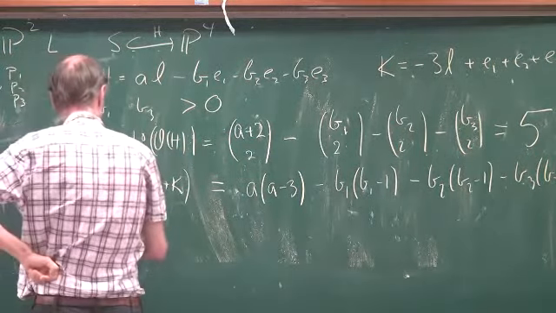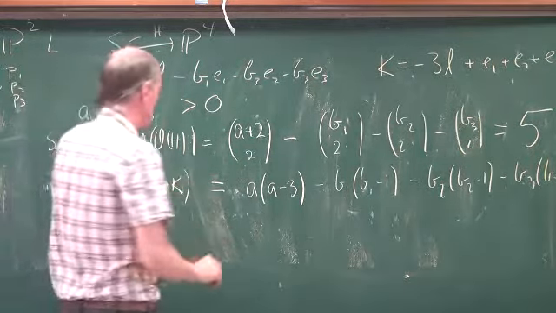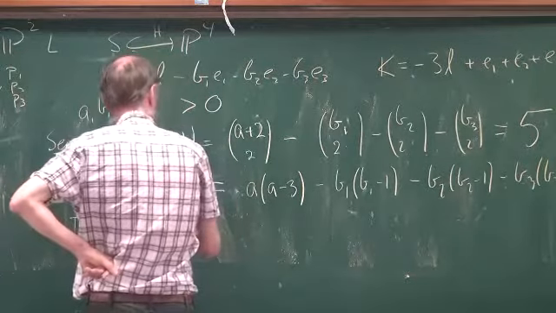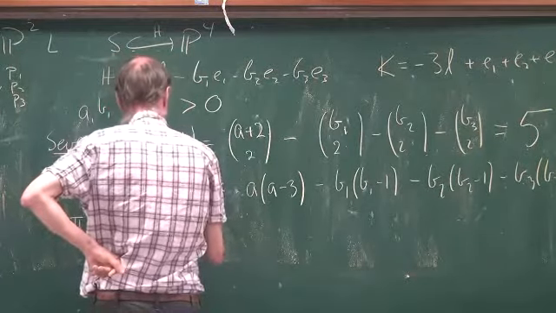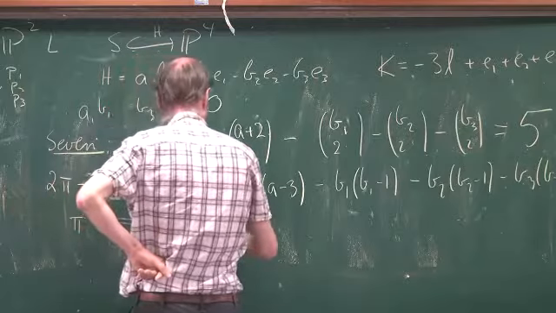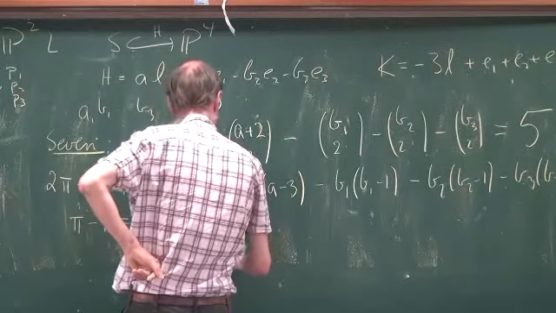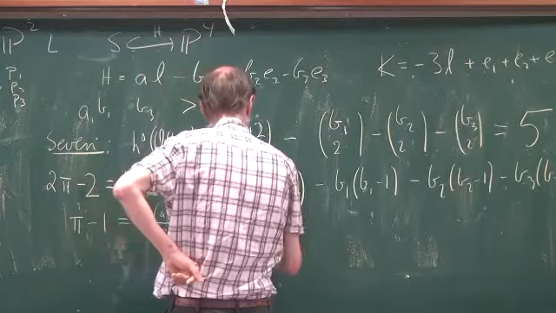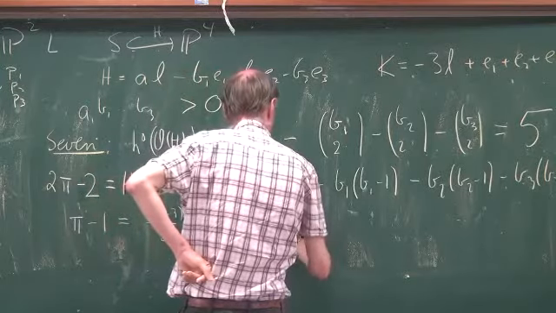So pi minus 1, I just divide by 2 here, then I get a minus 3 over 2 minus b1 over 2, b2 over 2, b3 over 2.